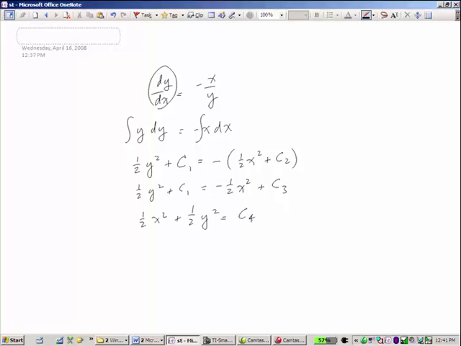And then I'm going to multiply everything through by 2. X squared plus y squared. You know what a constant times 2 is? Just another constant. I'm actually just going to call it C this time. And guess what we just showed? The solution to that differential equation is x squared plus y squared equals C, which is exactly what we knew it was going to be.